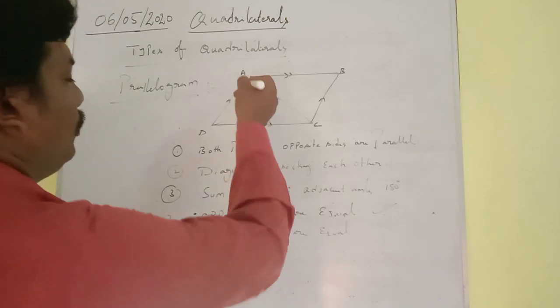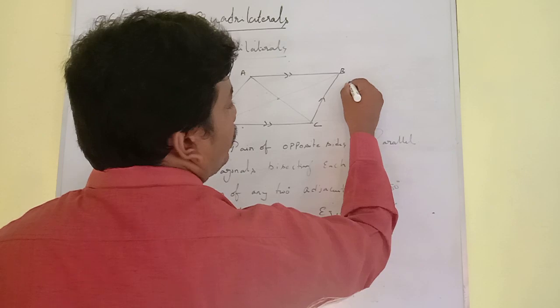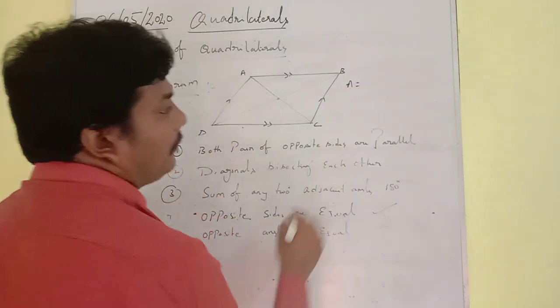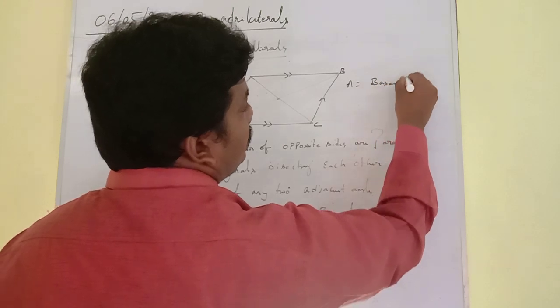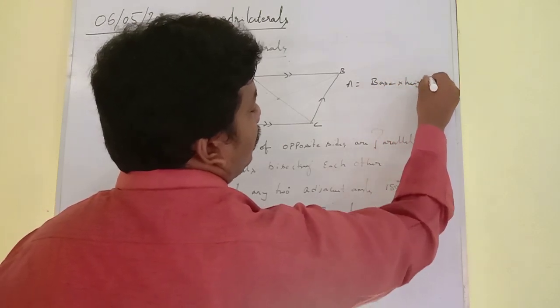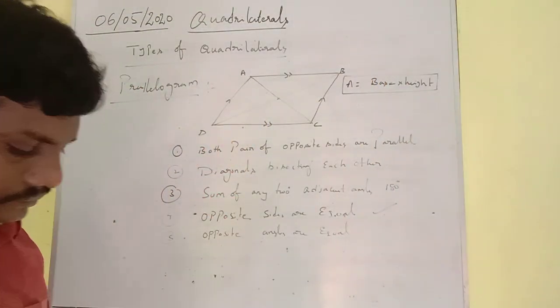Now, what is the area of a parallelogram? The area of a parallelogram is equal to base into height. This is the area of parallelogram formula, base into height.